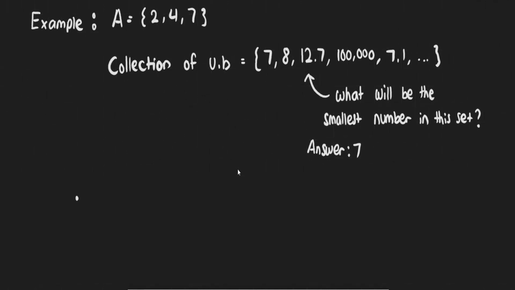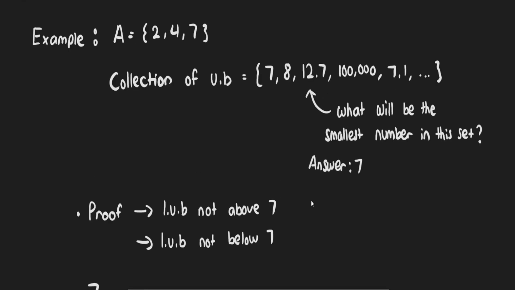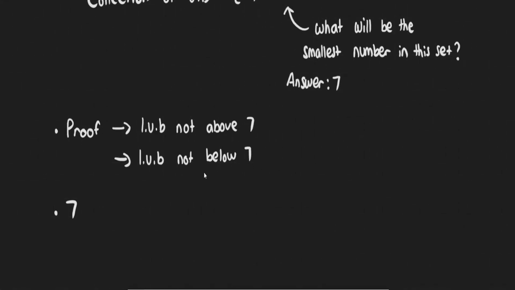We're going to set up a proof, and we're going to use proof by contradiction. So we're going to show that the least upper bound is not above 7, and we're also going to show that it's not below 7. So if we show that the least upper bound is not above, and we also show that it's not below 7, then the least upper bound must be 7 by a process of elimination. So that's essentially what proof by contradiction is in this case.